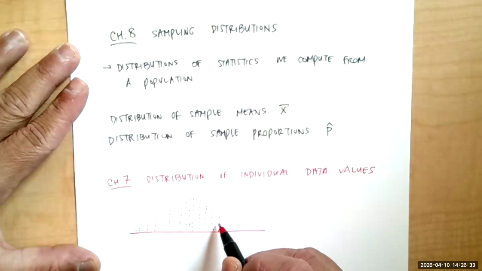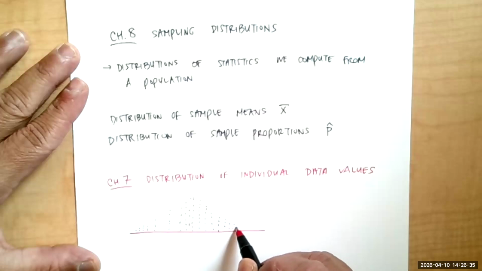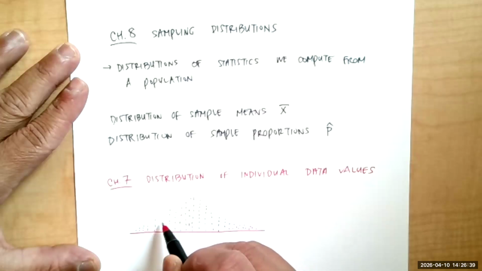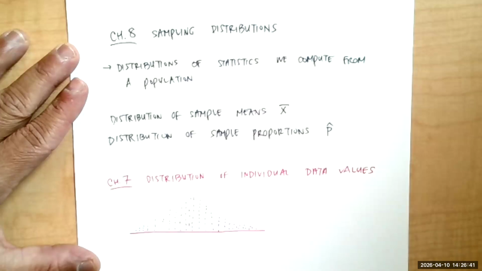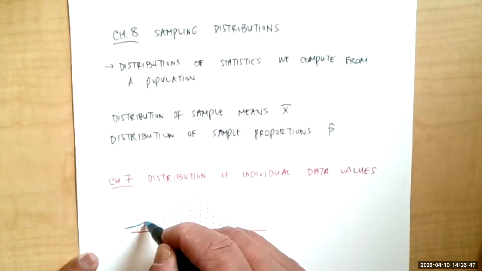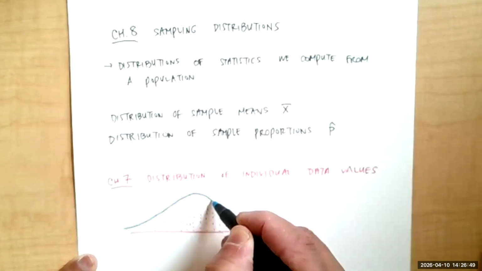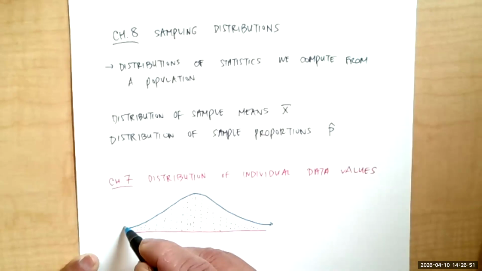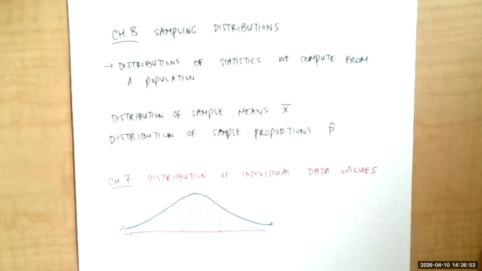Each dot represents a person we've taken data from in our population. And what we're hoping for in chapter 7 was that this distribution was normal, that it had that bell shape to it, that bell-shaped curve going on with our data.